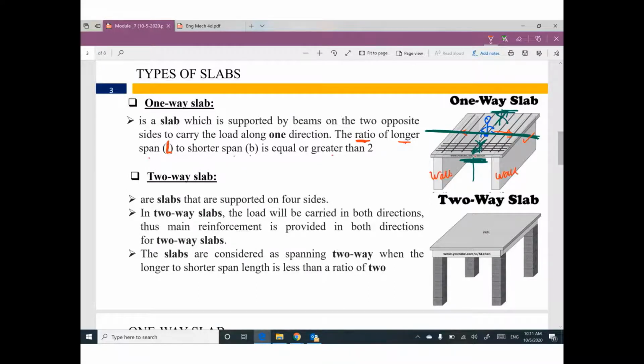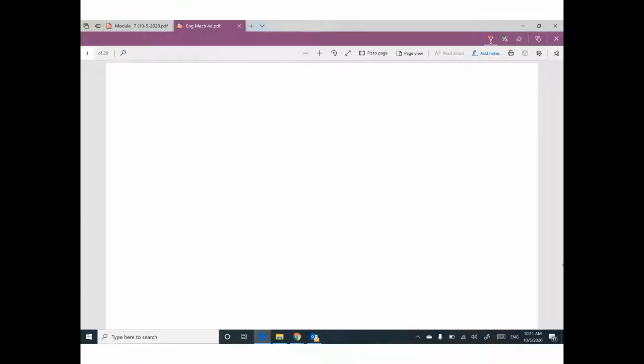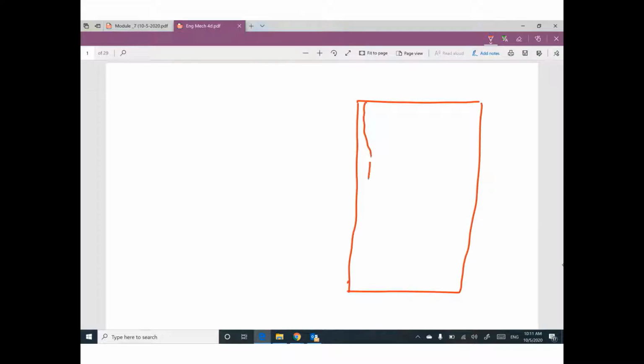Let me explain it here. If you have a plan that looks like this, we have a beam on this side, another beam on this side, another beam on this side, and another beam on this side, and we have columns at this location, this location, this location, and this location.